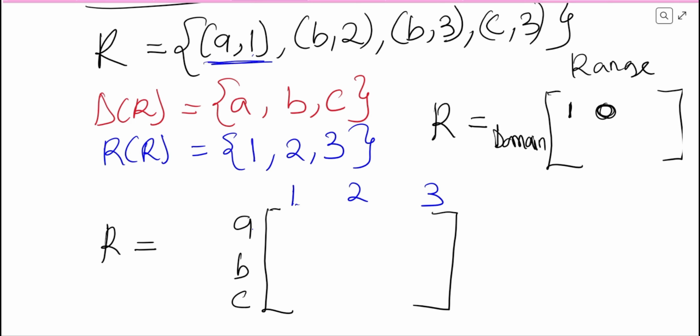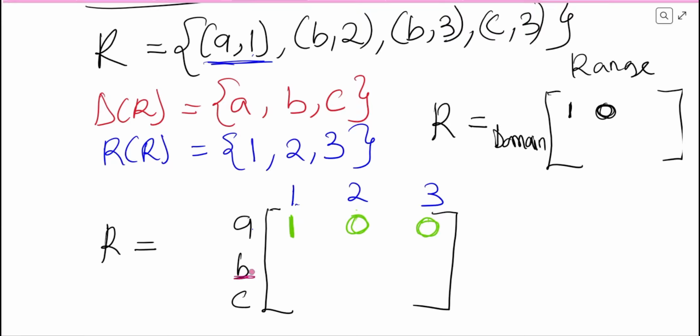And yes, there's a relation between them. So I'll write 1. Is A related to 2? No. So I write 0. Is A related to 3? No. So I write 0.